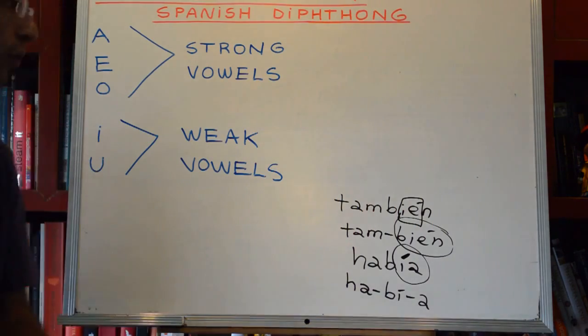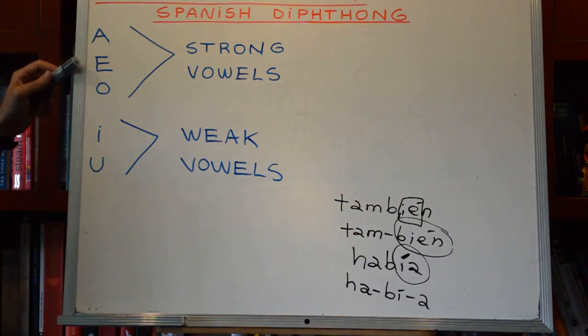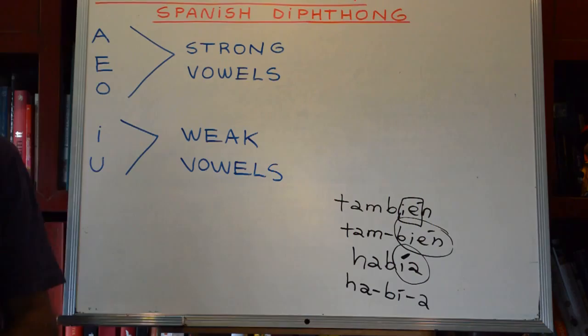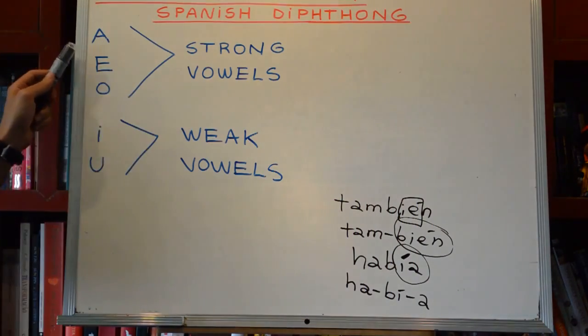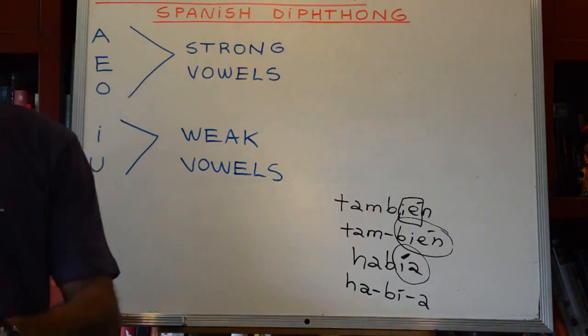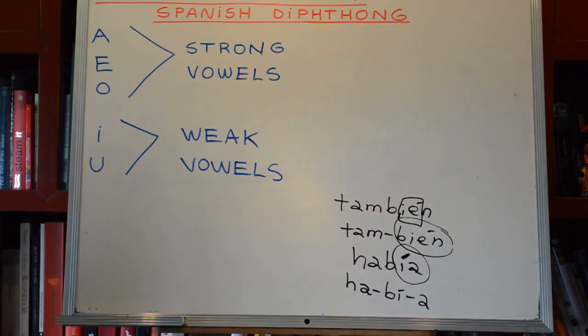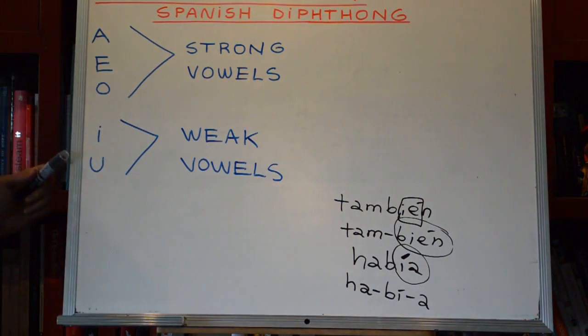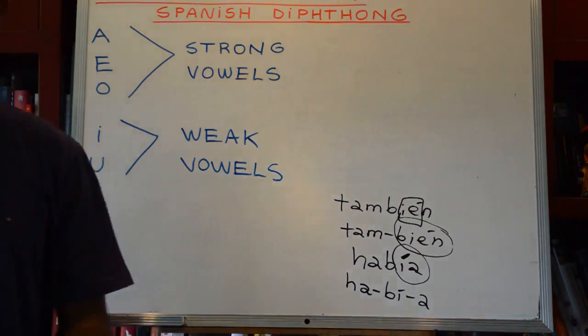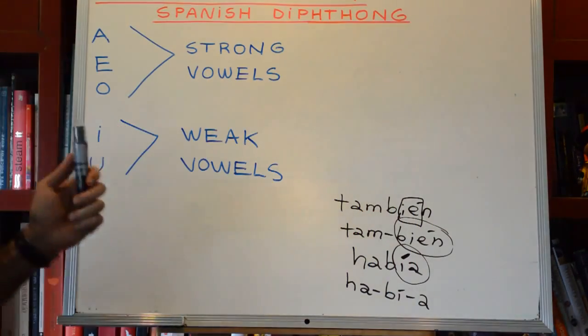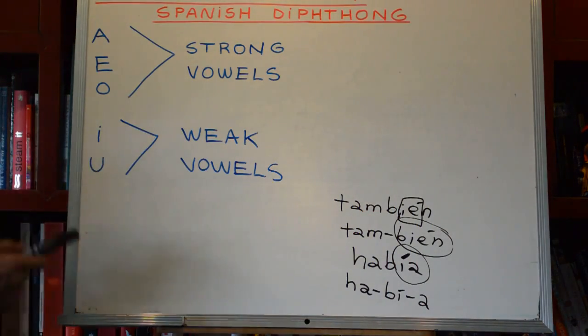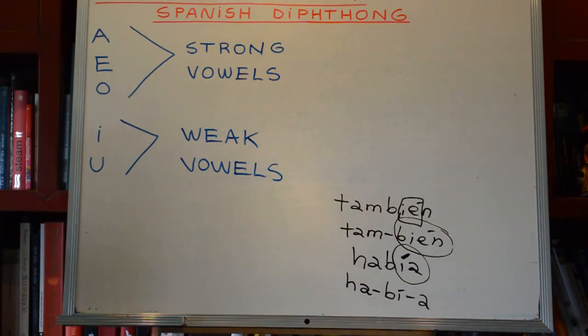Vocales fuertes son A, E, O. The strong vowels are A, E, O. Y las vocales débiles son I and U. The weak vowels are I, U. Okay? Why is this important?